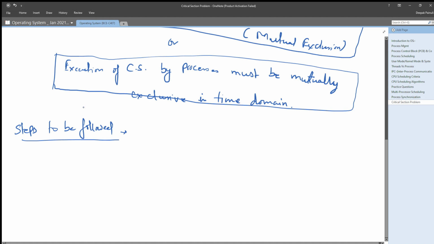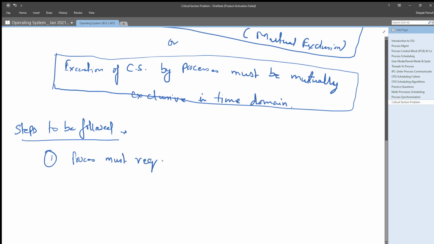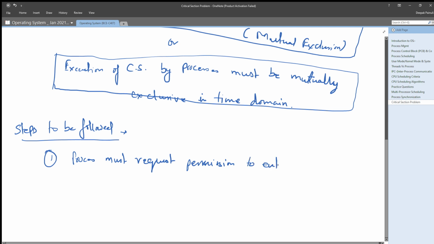First, before going to its critical section, a process must ask permission to get into the critical section, right? So we can write: process must request permission to enter its critical section.